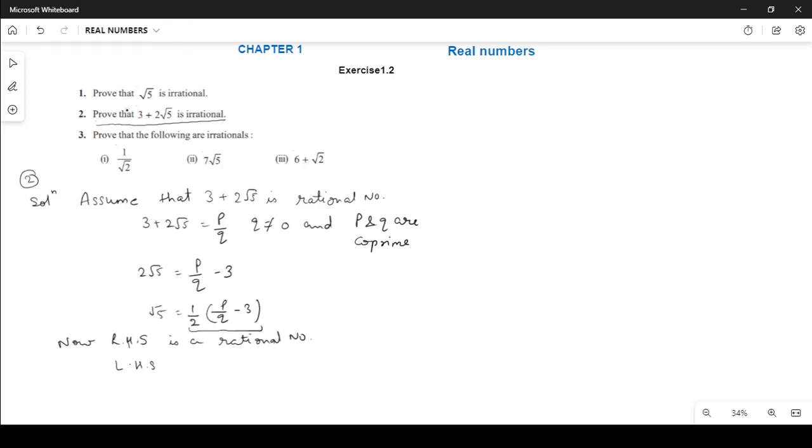In the question number 1, we have already proved under root 5 is an irrational number. लेफ्ट हैंड साइड है हमारी वो इरेशनल है, राइट हैंड साइड जो है हमारी वो रैशनल नंबर है. क्या कोई इरेशनल नंबर रैशनल नंबर के इक्वल हो सकता है? नो. Rational number is not equal to irrational number. Thus, this is the contradiction.